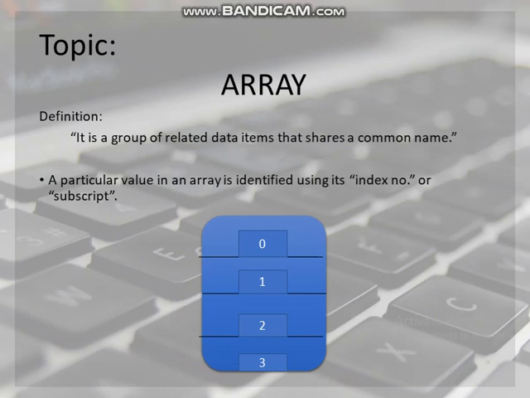In each location a different data item is stored, and the index numbers are 0, 1, 2, 3. These numbers are allocated to each data item in the array. Before arrays, we used loops for initialization.